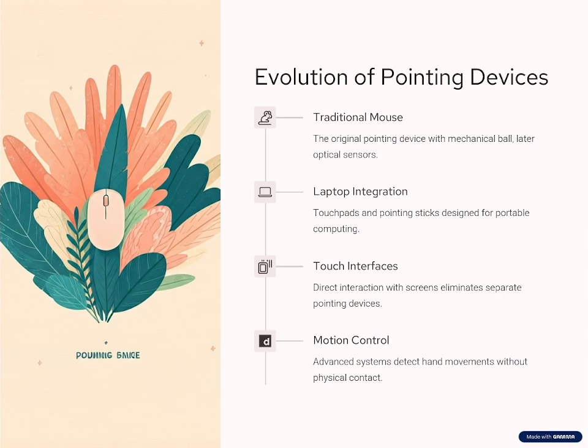It detects hand movement without physical contact, so you can just move your hand without touching, and the mouse moves. That is what we call advanced motion control, the ones you see in movies.